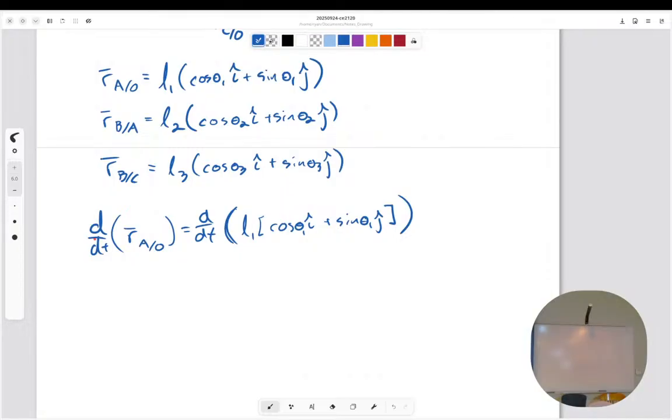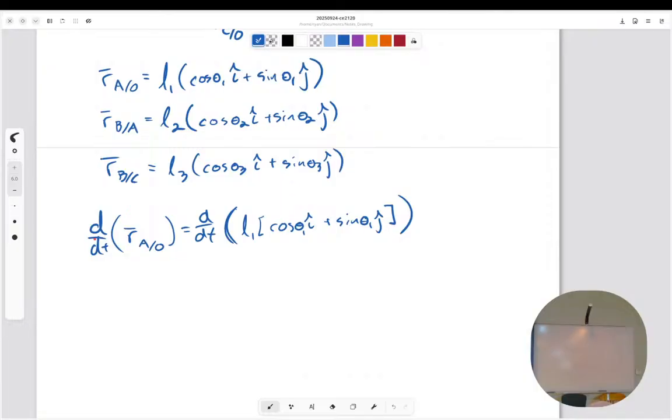Derivatives. Anything? Negative sine. Alright.